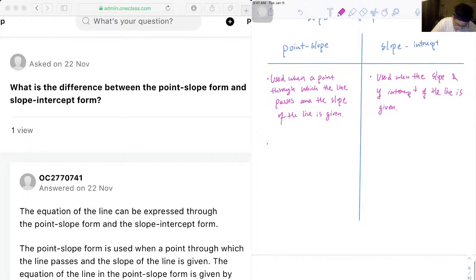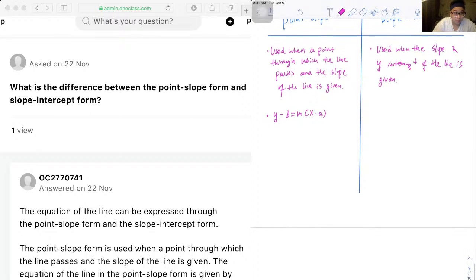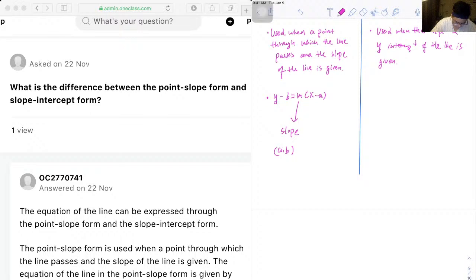And so when we want to write the equation for point slope, it is given by y minus b is equal to m times x minus a, where (a, b) is a point through which the line passes and m is the slope.